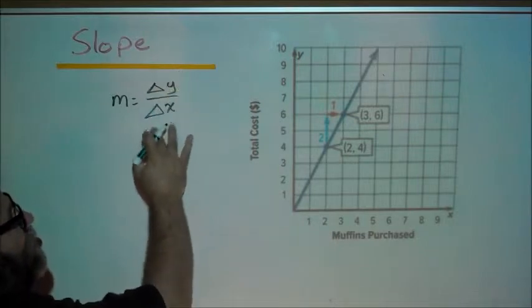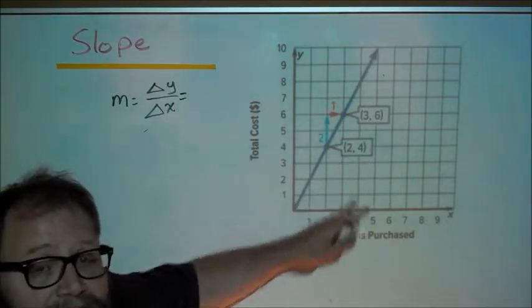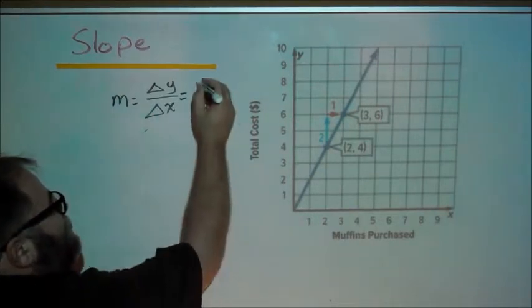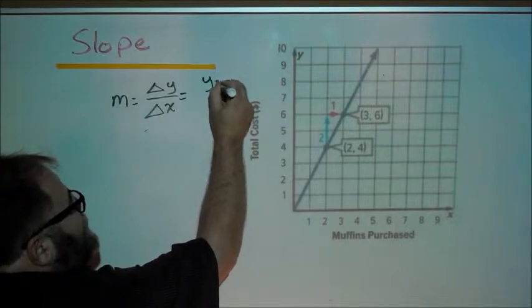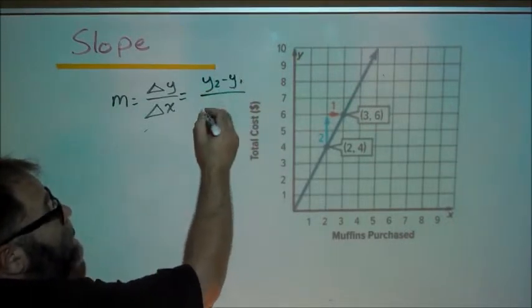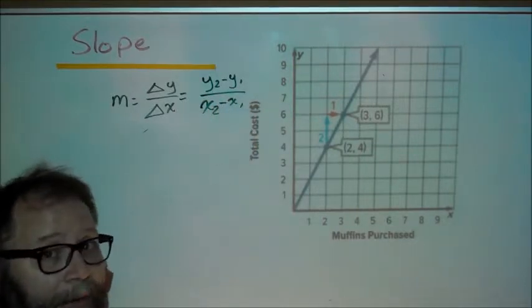This is the change of y over the change of x, and how we're going to figure that when we're given two points is we're just going to subtract one of those points from the other. So we're going to subtract, let's say, the second point from the first point for the y's, and we'll subtract the x's the same way.